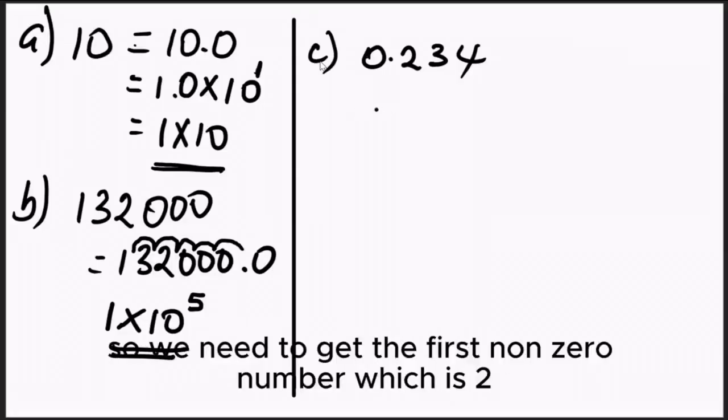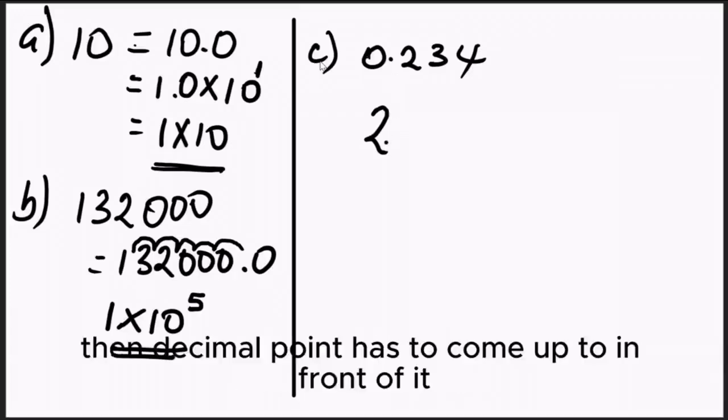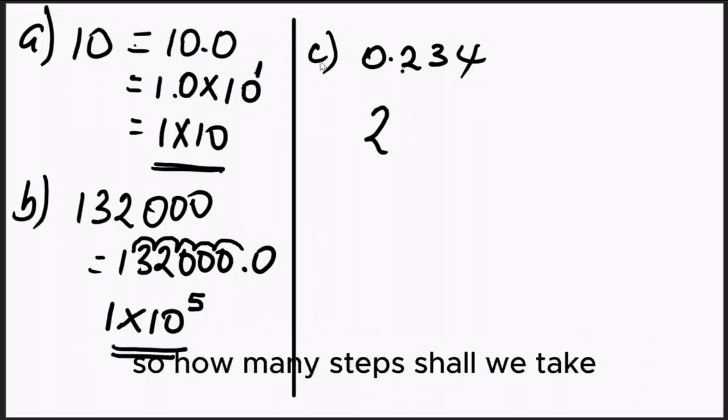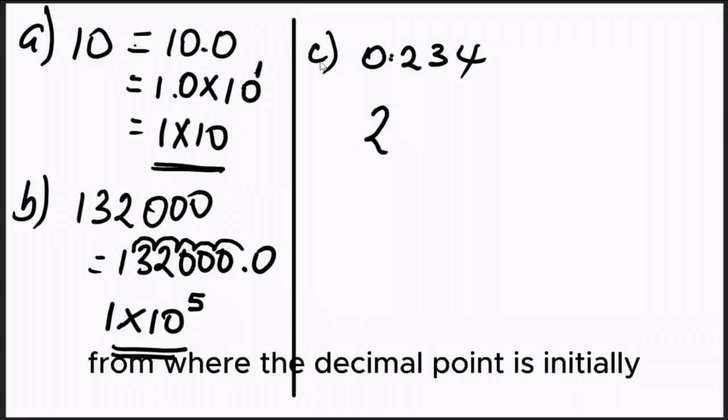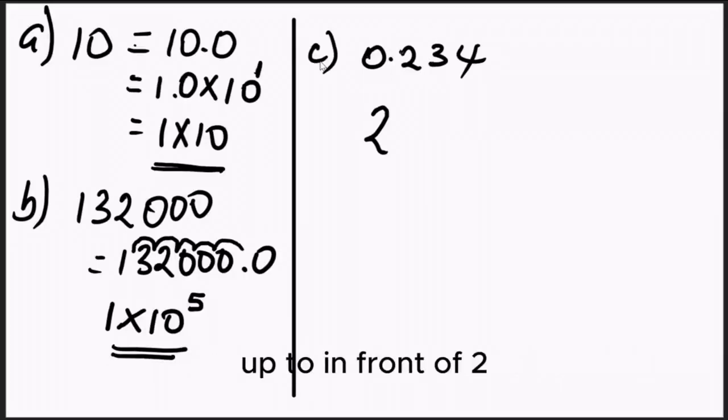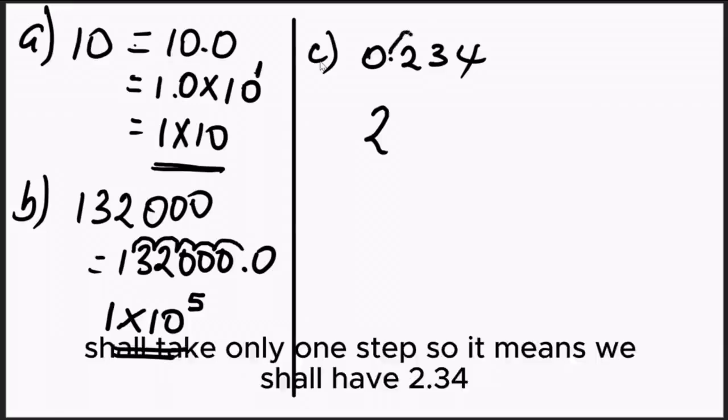So we need to get the first non-zero number, which is 2. Then the decimal point has to come up in front of it. So how many steps shall we take from where the decimal point is initially up to in front of 2? We shall take only one step.